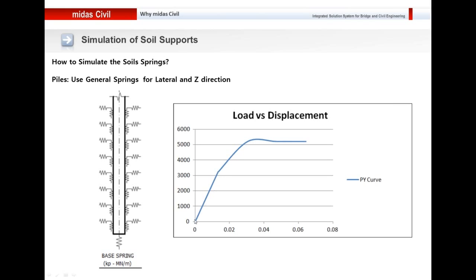Similarly, this type of behavior has to be simulated when you are performing any kind of analysis for soil structure interaction. At the same time, when you perform the pushover analysis to obtain the capacity of the bridge, this nonlinear behavior of the soil has to be considered because it changes the pushover curve or the performance curve, and the code specifies that you need to take into account the nonlinear characteristic of the soil.